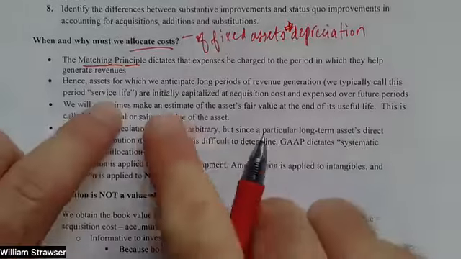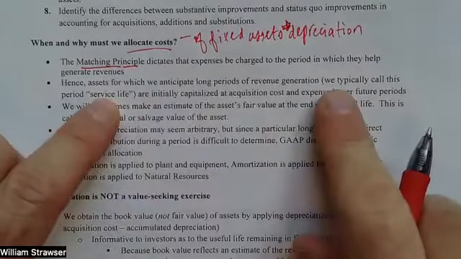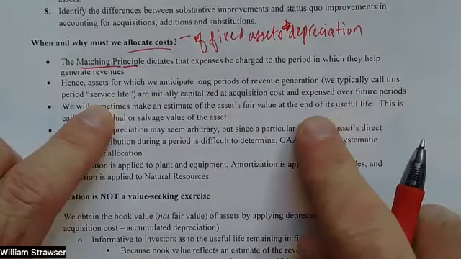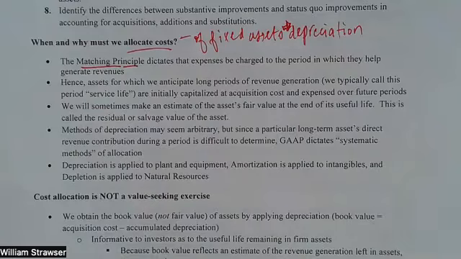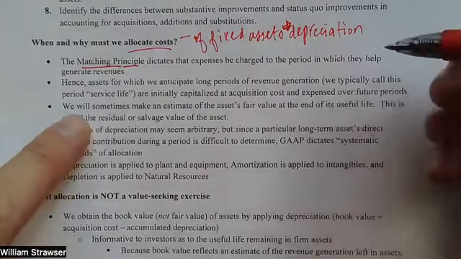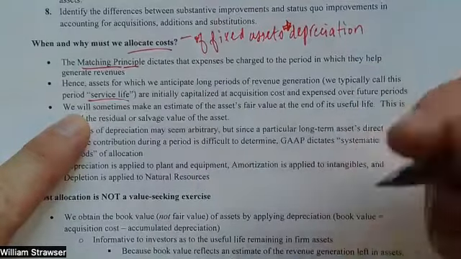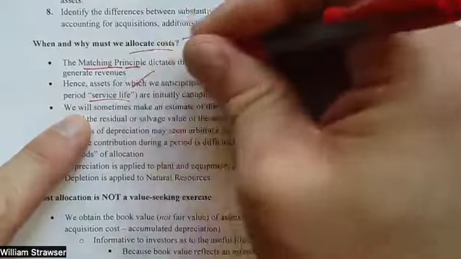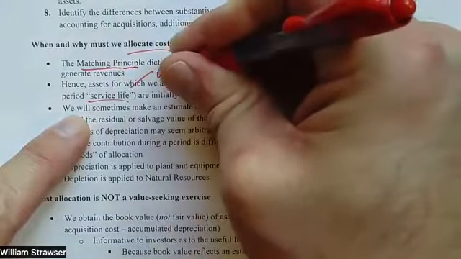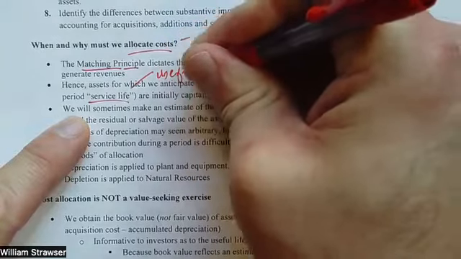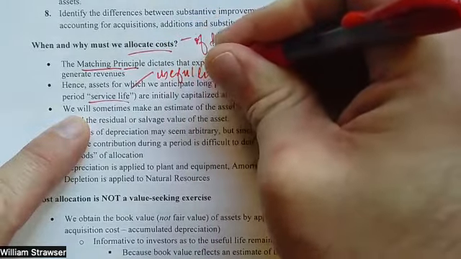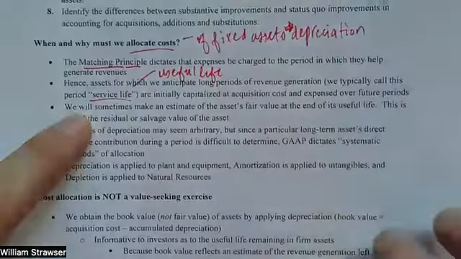For assets that we anticipate long periods of revenue recognition, for non-current assets, PP&E, intangibles, we have what we call a service life. So the service life is the period over which we expect to generate revenues. It's also sometimes referred to as the useful life. So don't get confused by those two being used interchangeably.